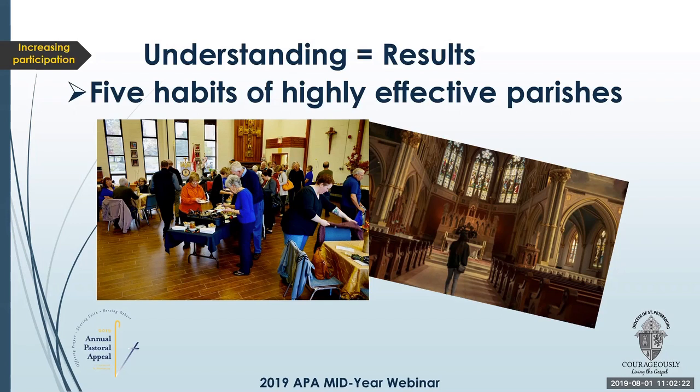A constant, positive resource of information demonstrating the good works of your parish and the diocesan community and how they link together, distributed in all areas of communications, is how the good news starts to build and form something that everyone wants to be a part of. So I hope that helped you. Those are my 5 habits of highly effective parishes.